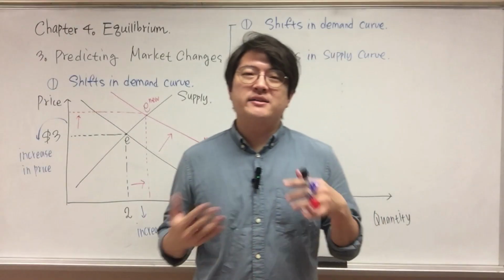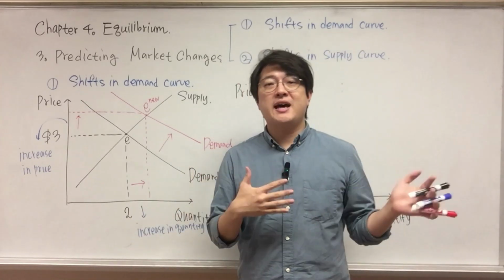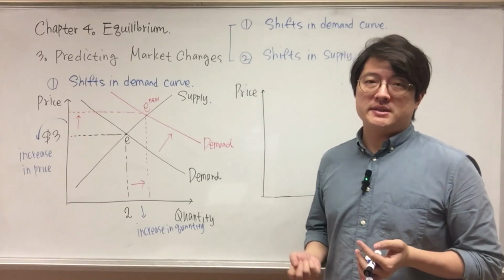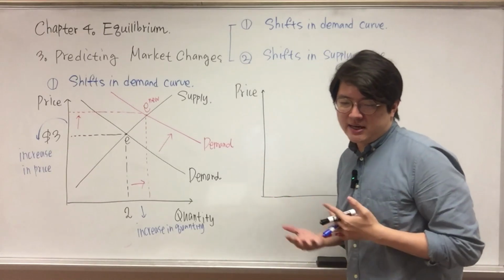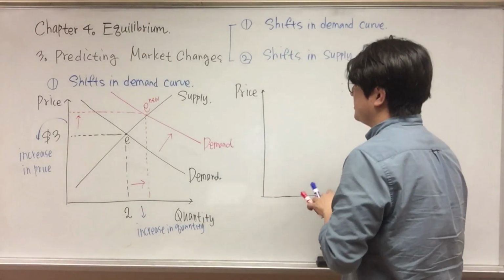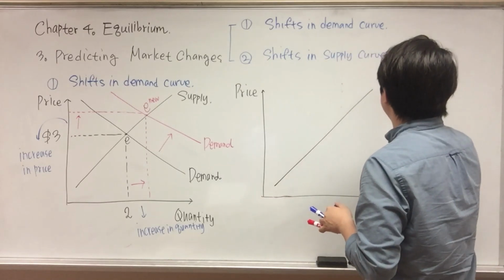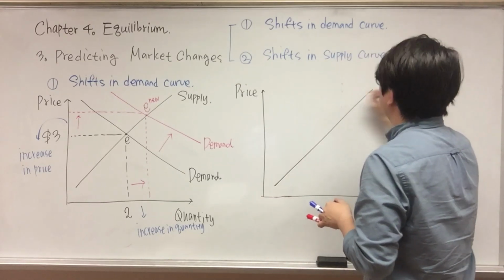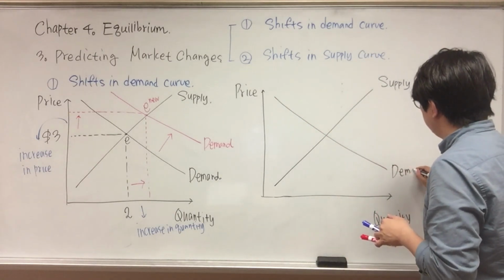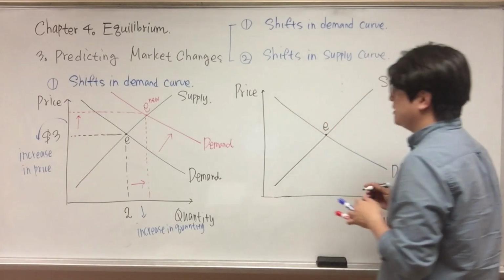So when other factors besides the price change and the demand curve shifts to the left, that means demand decreases. So the price and the quantities will decrease in this case. So what happens? I will draw the graph. Here is the supply curve, and here we have the demand curve. And this point is the equilibrium point.